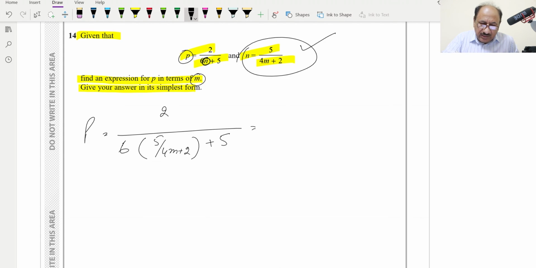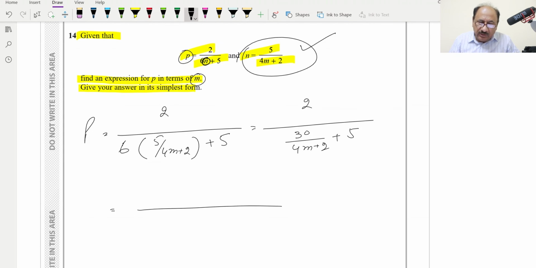Next, 2 over 6 will multiply, so 6 5s are 30, so 30 over 4m plus 2 plus 5, and then we can take LCM and simplify this. What will be the LCM? Or we can first solve it like this.